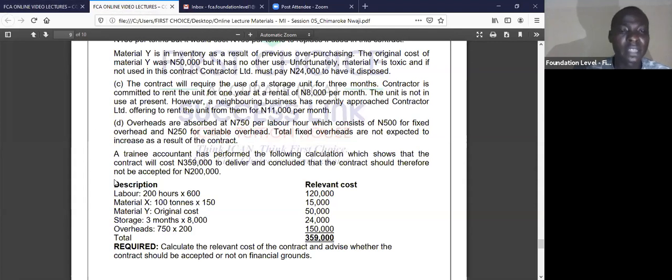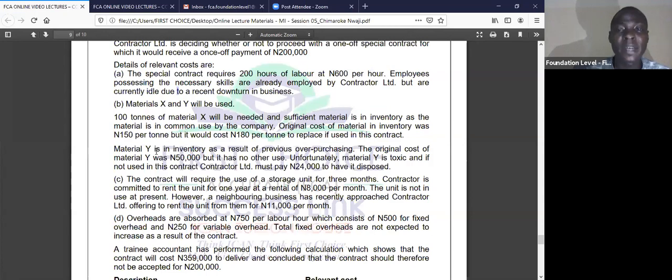Now look at material X. The person says 100 tons is required, yes, and 150. We look at it again. It's 150, that was the internal inventory cost, the original inventory cost. So we know that the original cost is a sunk cost. It is not relevant.